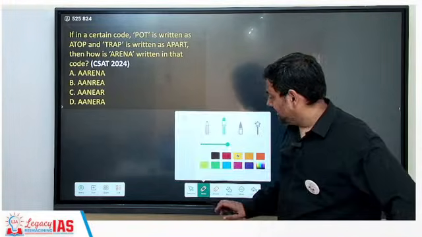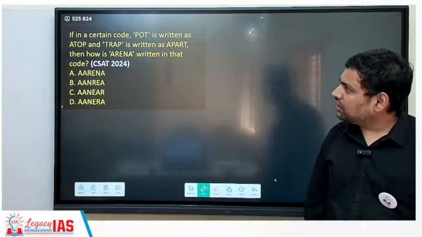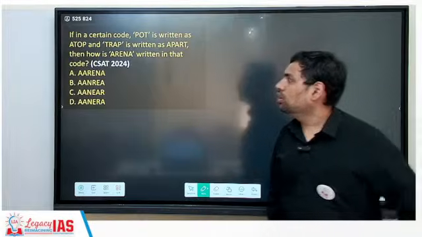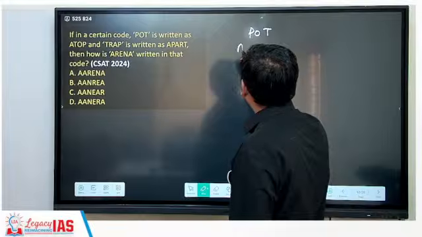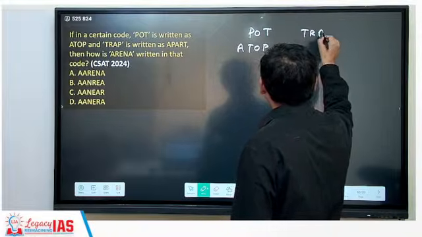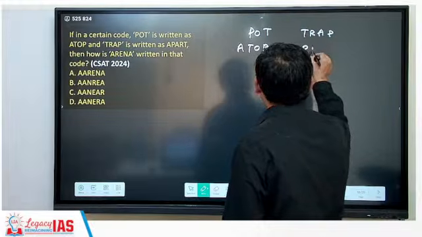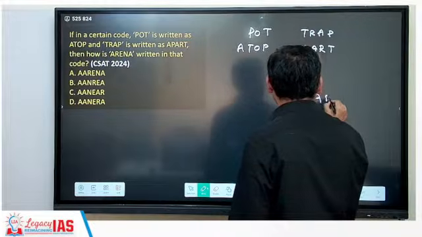Next, this is again a little different one. It says, in a certain code, pot is written as top and trap is written as part. Then it is asking you what arena will be written as.